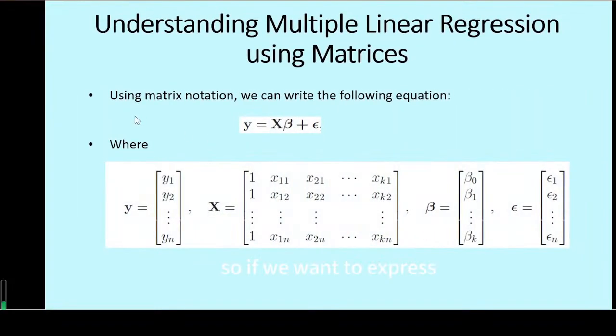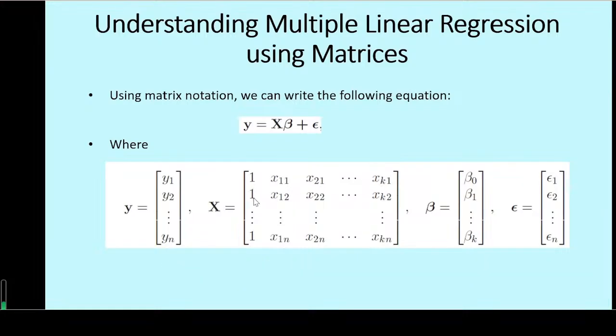If we want to express this equation for all observations, we have to use matrix notation. So we can write y equals X beta plus epsilon. Here y is a column matrix with shape n by 1, because there are n rows and 1 column. X is a matrix with shape n by k plus 1, because there are n observations in rows and k parameters plus 1.